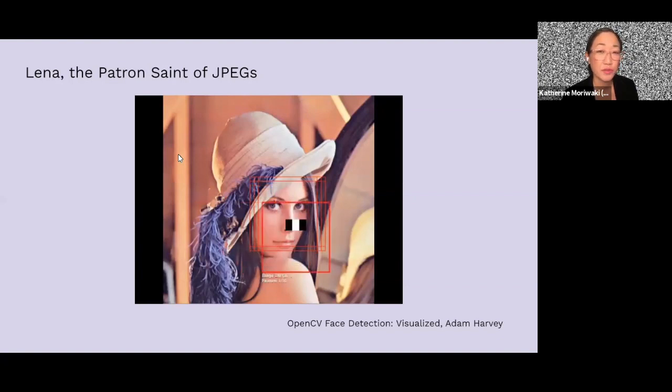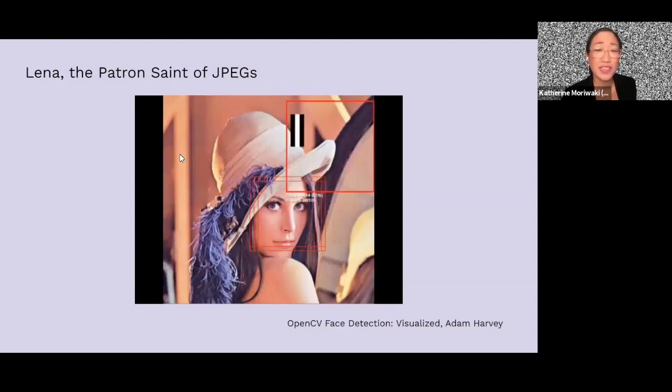This image was chosen by image processing researchers to use in order to engineer the file format that would eventually become the JPEG. What's really interesting about this is that Lena Forsen herself never had any idea that her image was used in order to facilitate signal processing research.